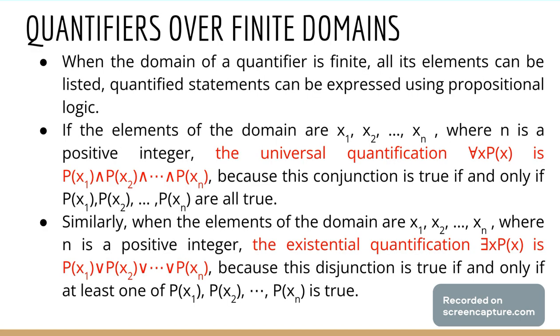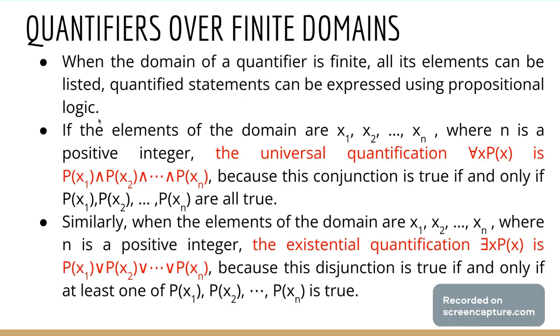Now we are going to look at quantifiers over a finite domain. When the domain of a quantifier, that is real numbers or integers or whatever is your universe of discourse, is finite, all its elements can be listed and quantified statements can be expressed using propositional logic.